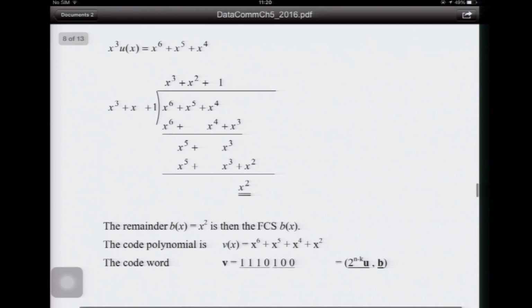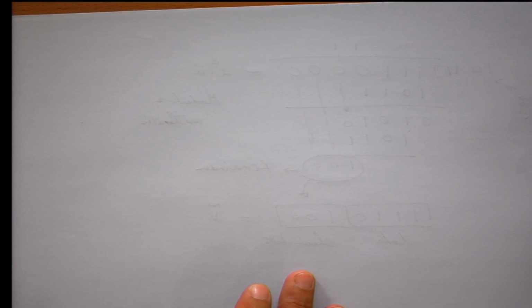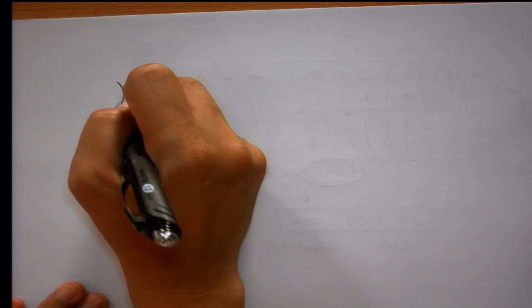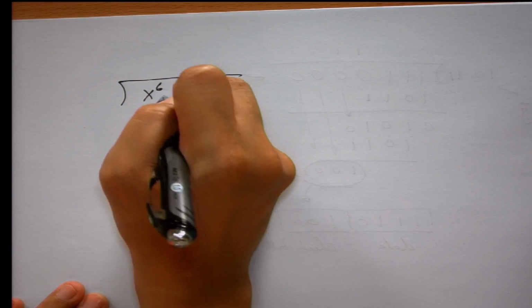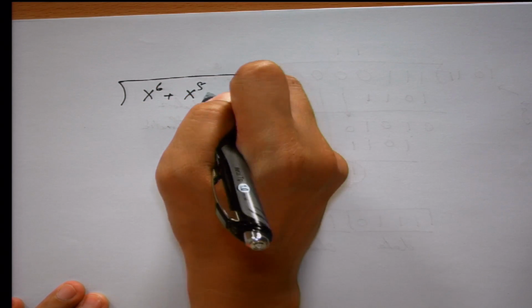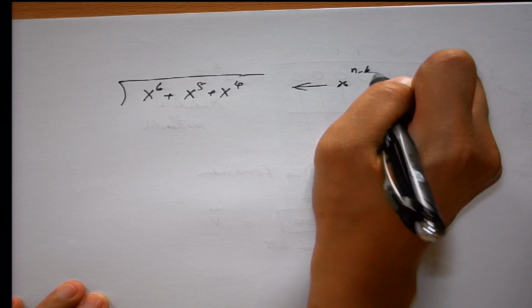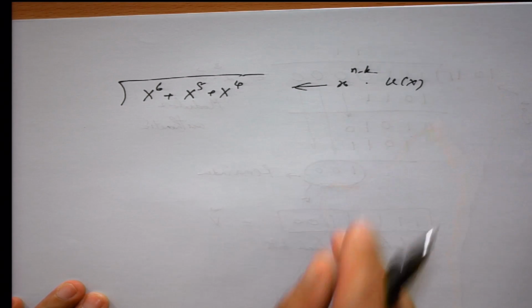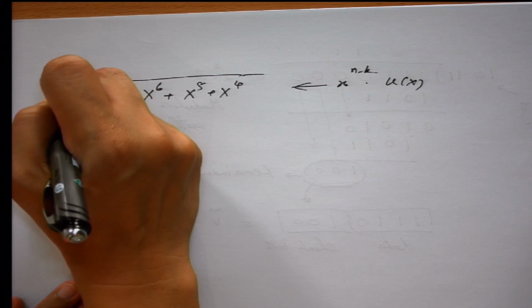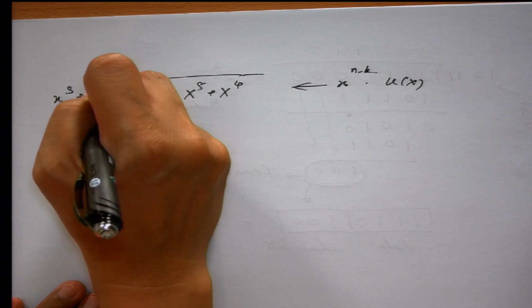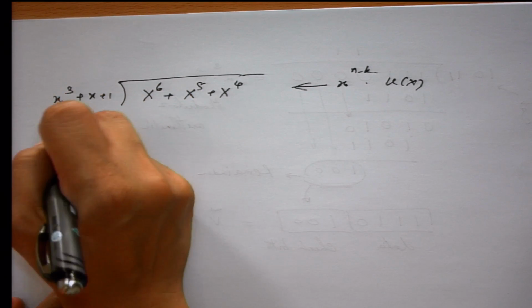I will show you how to divide this on the paper here, step by step. So you have x to the 6th plus x to the 5th plus x to the 4th. This is x to the n minus k multiplied by U of x. And you have x cubed plus x plus 1. This is G of x.